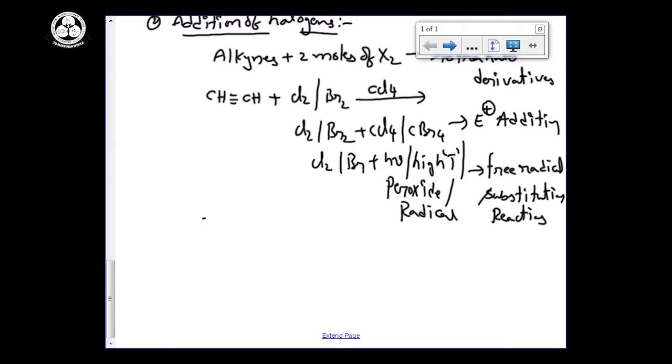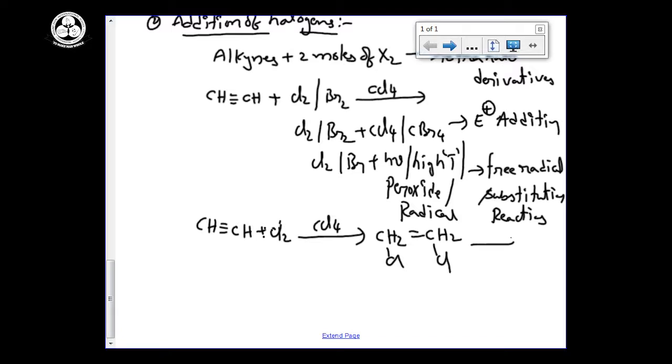Now tell me the answer for CH triple bond CH. I am taking chlorine, but here I am adding it in the presence of CCl4. I break the bond, and we get CH2 double bond CH2 with Cl and Cl, sorry, CHCl double bond CHCl. If you add one more mole of chlorine, then we get CHCl2 single bond CHCl2.